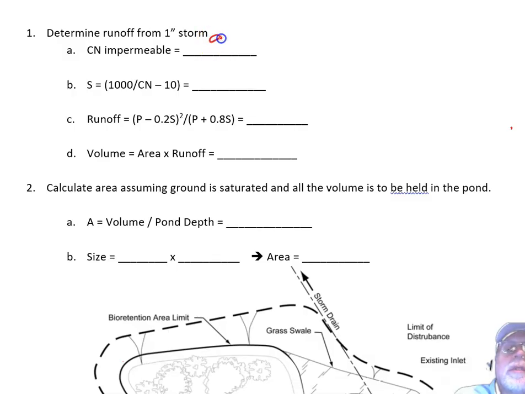So impermeable is going to be a 98 curve number, and from that we calculate the storage, 0.204 inches, and then our Q is the runoff.